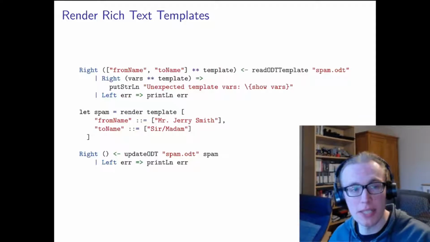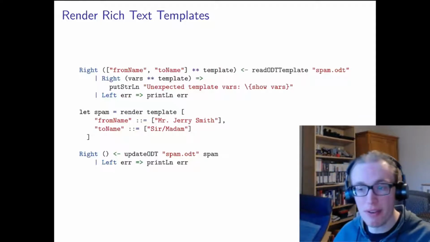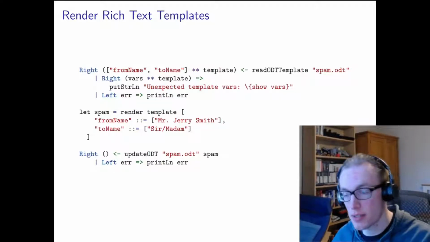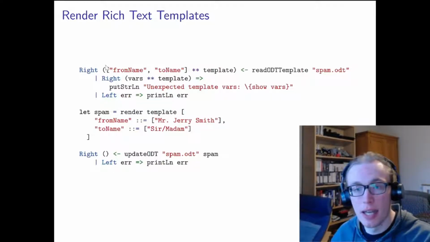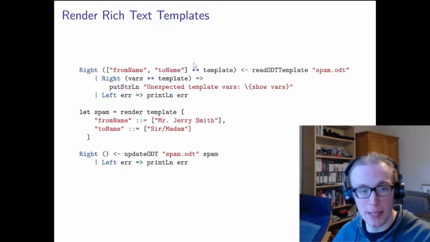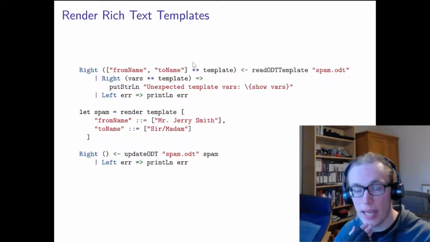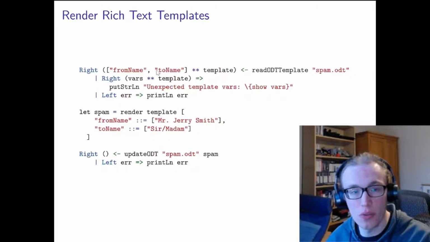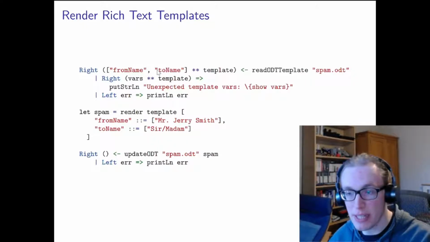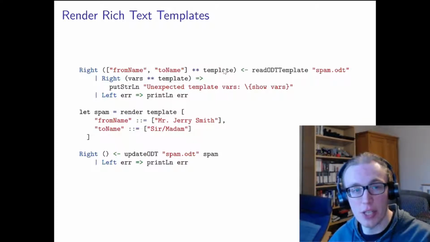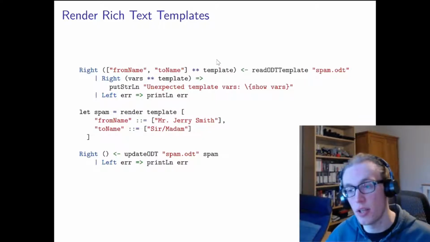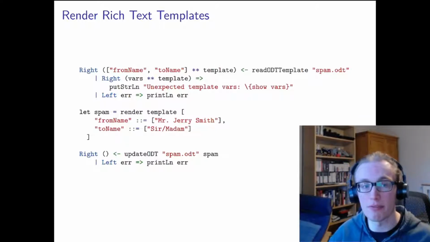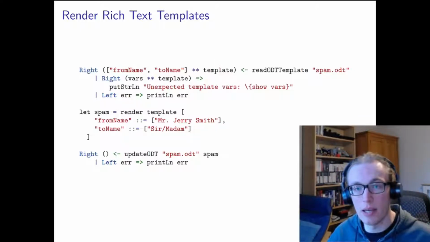So read ODT template here is very similar to the read ODS from the previous slide, but it returns a dependent pair here. The value on the left is the free variables in the template, and then the value on the right is the actual template object, which is indexed by the free variables.